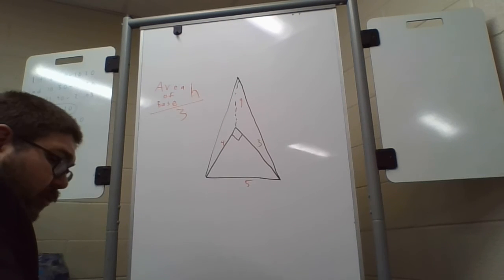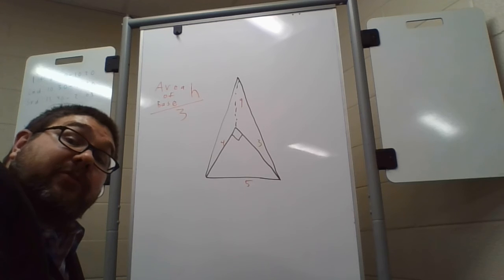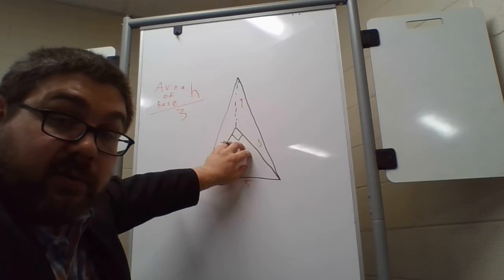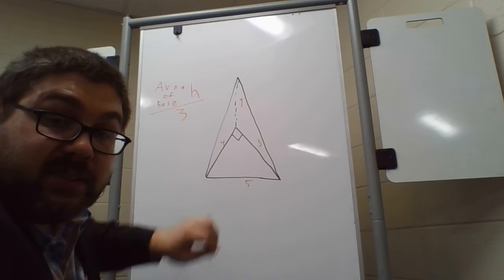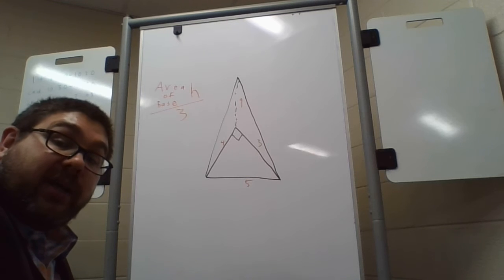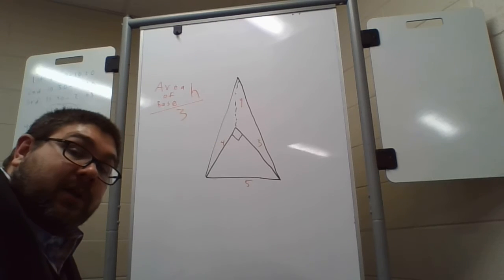Okay, now, here we have another pyramid, but this time the base, this part, the base, is actually a triangle, not a square or rectangle. You have 1, 2, 3 sides.